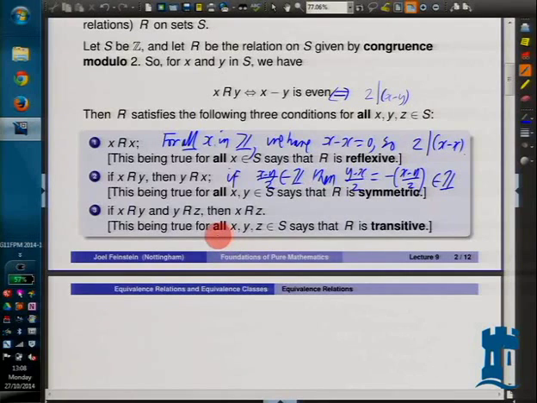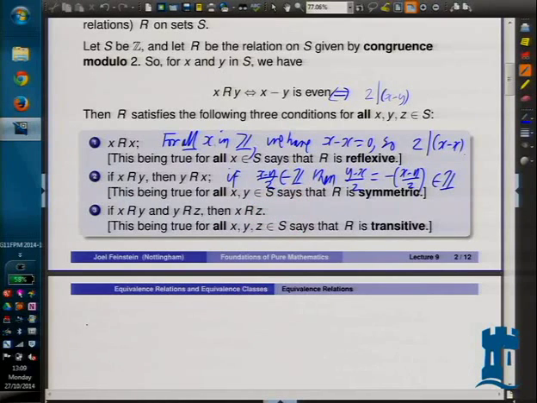So you check for all x, y, and z, but the only ones you're interested in checking are the ones where x is related to y and y is related to z, because as usual, there's nothing to check if one of these is false. If the left-hand side is false, then the if-then statement is automatically, sort of vacuously, true. So when you're checking an if statement, you only have to check the cases where the thing that you're saying if is actually true. And then you have to check that the other thing is true in those cases.